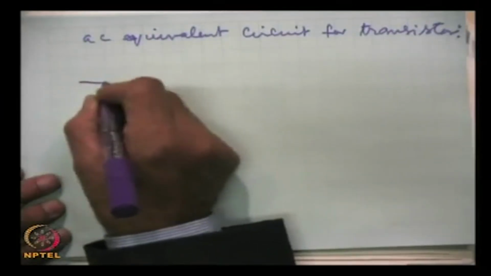We should be able to calculate what will be the voltage gain in the circuit, what will be the input impedance, what will be the output impedance, what is the power gain, what is the current gain in the circuit. All this will be possible through proper analysis, and a proper analysis needs a proper equivalent circuit. So, that is why we have to talk about this. Now, this is the circuit.